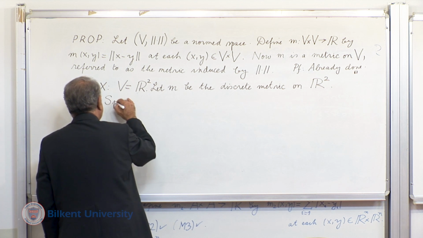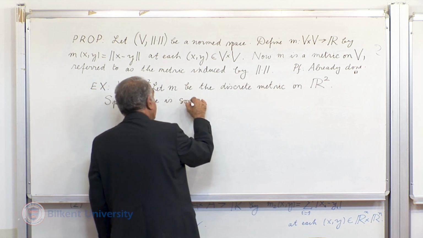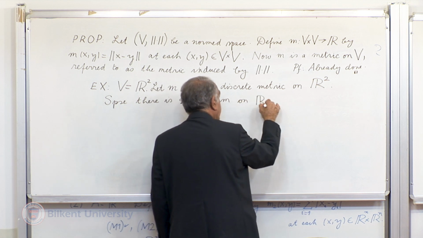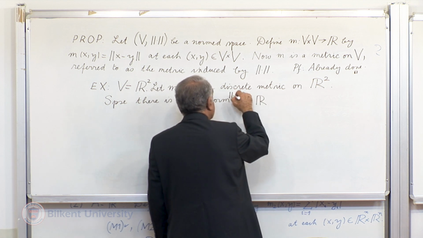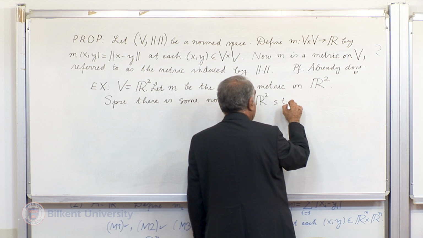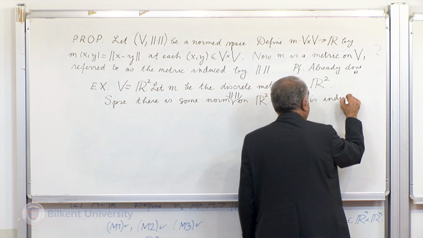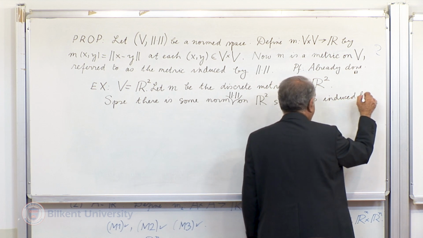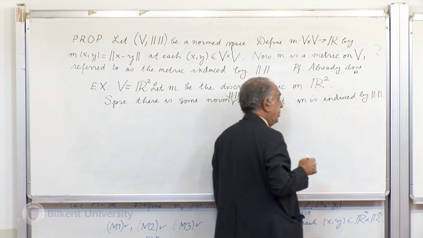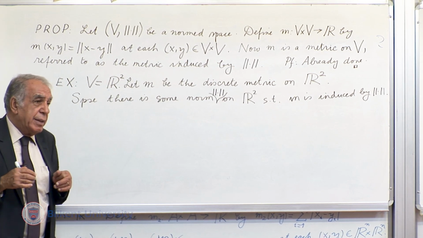Suppose there is some norm on R2, let me give a symbol to that, such that M is induced by this norm. Now we wish to show that this leads to a contradiction.